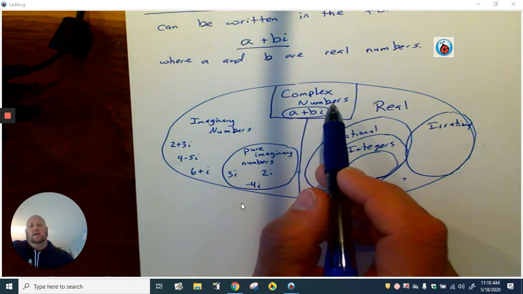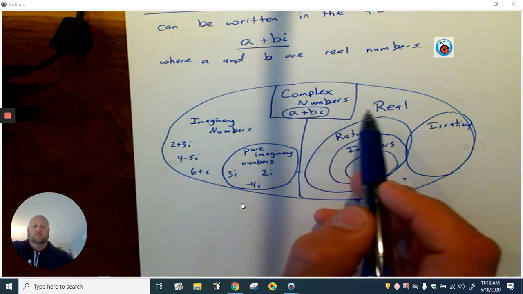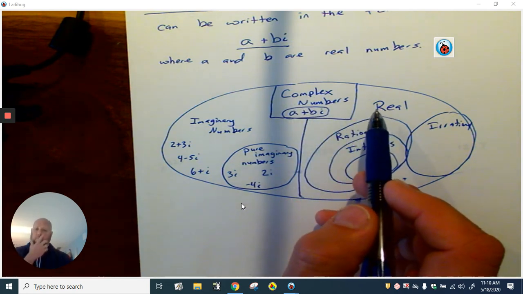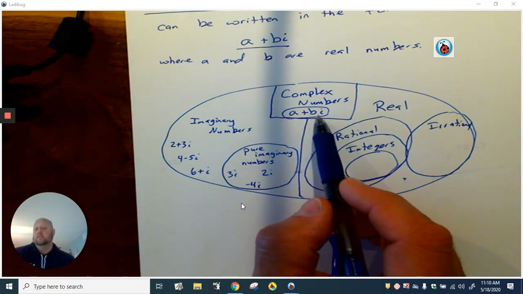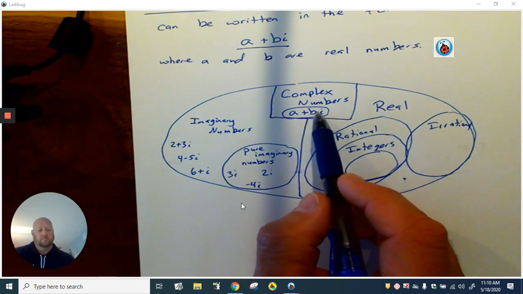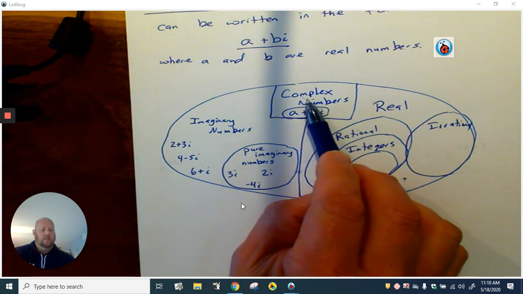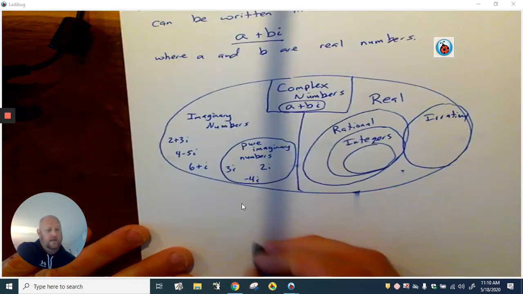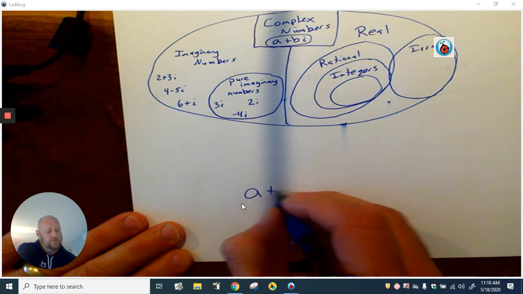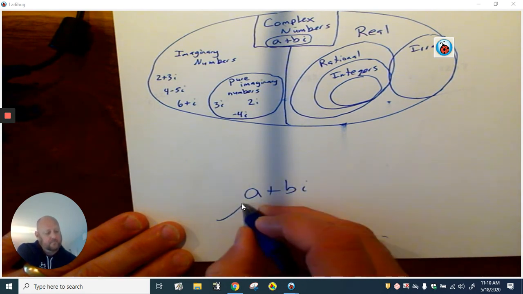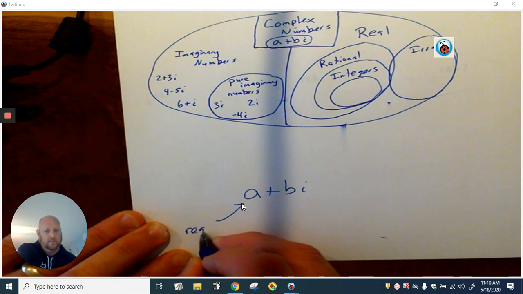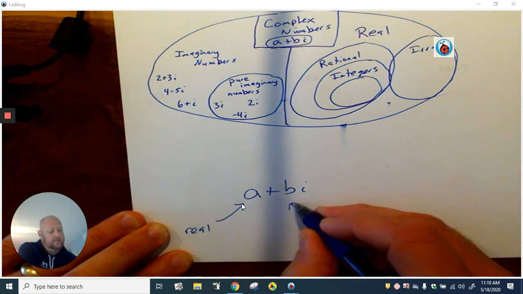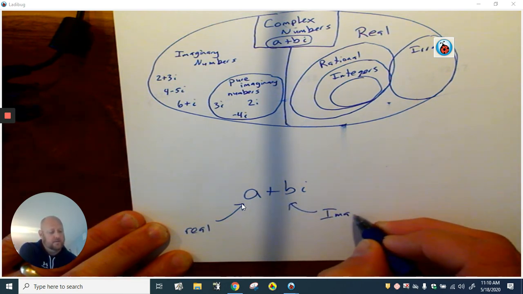Basically, all numbers are complex numbers, even real numbers, numbers we've dealt with in the past, because the b could be 0, which means you only have a real part. And in a complex number, in the a plus bi, it has a real part and it has an imaginary part.